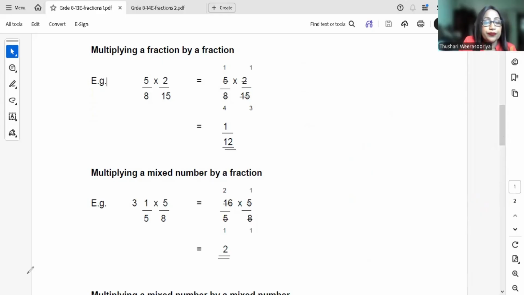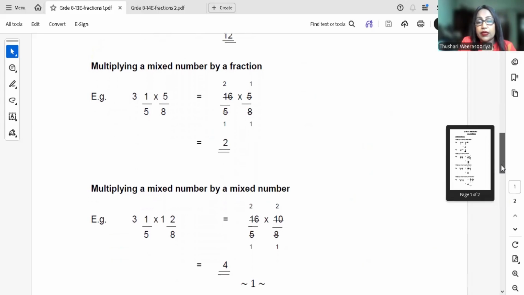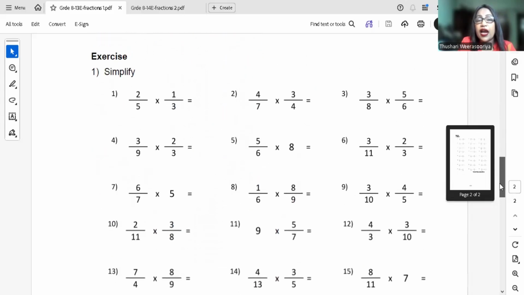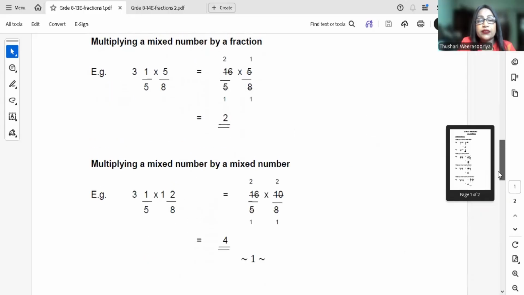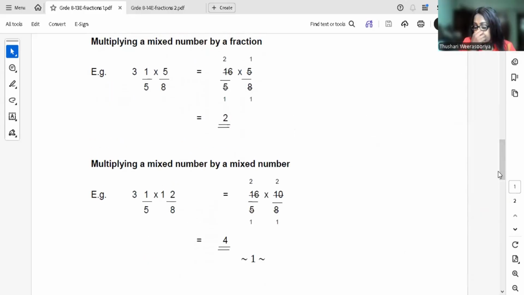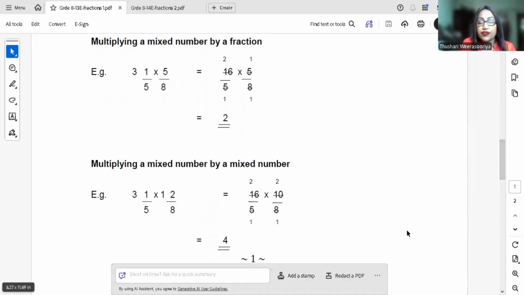Next one. All the types are done the same way. Multiplying a mixed number by a mixed number. Now look at this example.